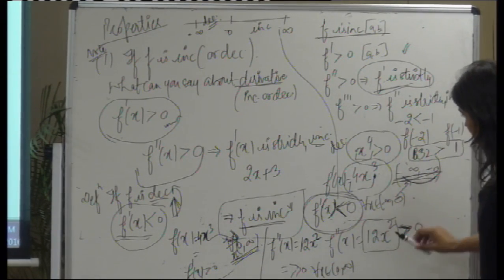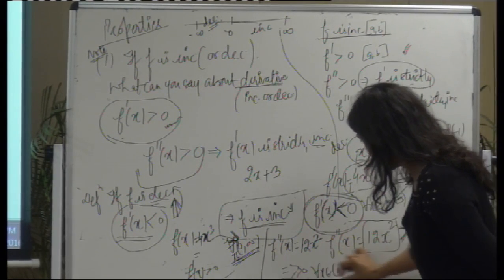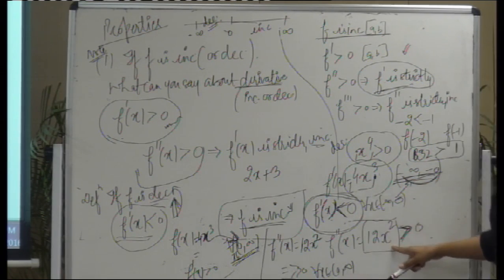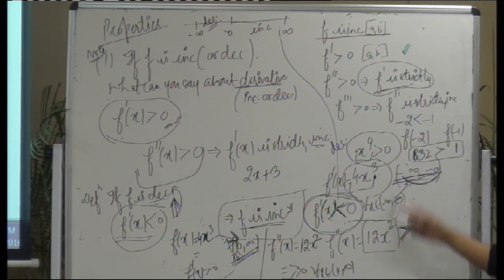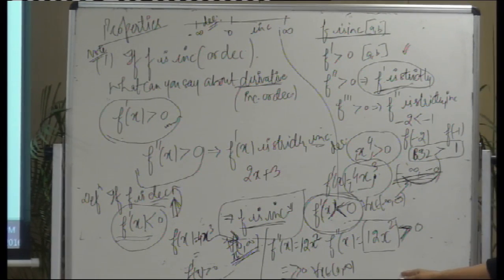Now check, the second derivative for this function is 12x square.